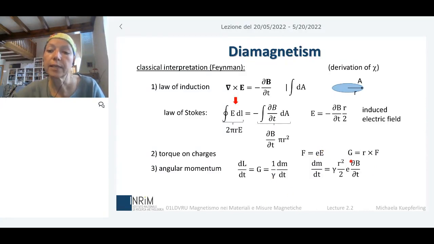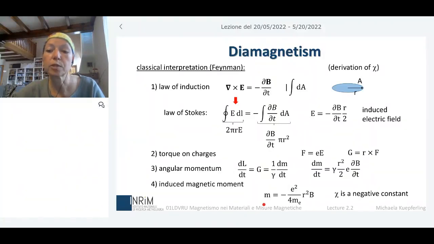So let's see. If we have the torque, then we know that we have a change of an angular momentum. And this is proportional again to a change of a magnetic field, with the proportionality constant, the gyromagnetic ratio. So we can get the proportionality between the changing magnetic field and the changing magnetic moment. In this way, we can write M proportional to B, and we get the diamagnetic susceptibility.